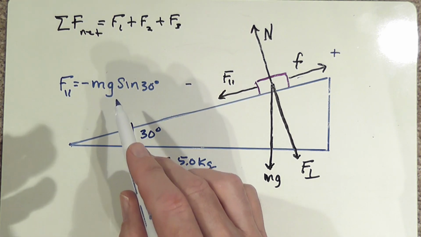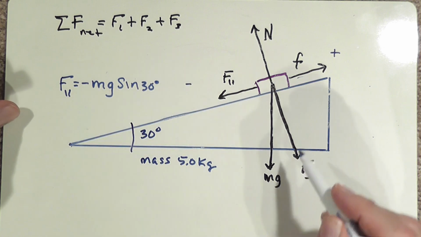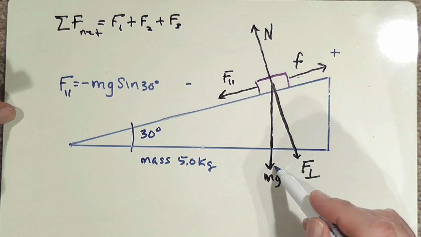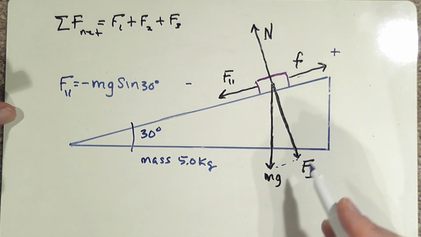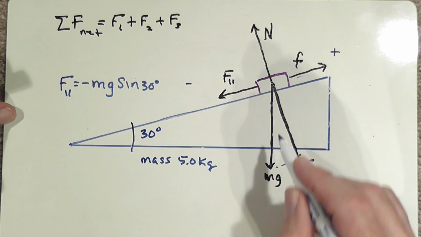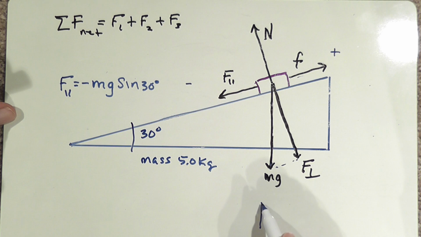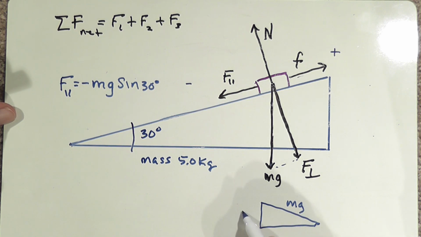Now, how did we come up with mg sine 30 degrees? Well, it actually has to do with this triangle right here. Let me just turn it around so it looks something like this. Right here, this is mg. This is F parallel, and this is F perpendicular.